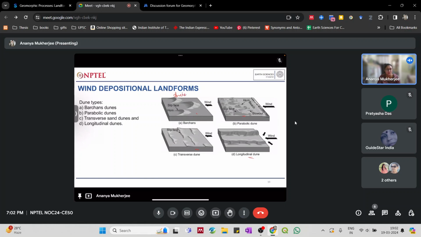Okay, a parabolic dune is mostly an anchored dune. Okay, a transverse dune is mostly a free dune, and longitudinal dunes are also free dunes. Okay.